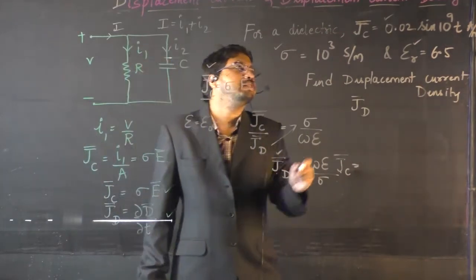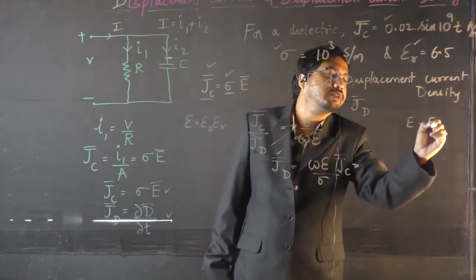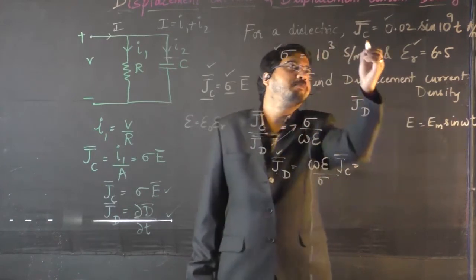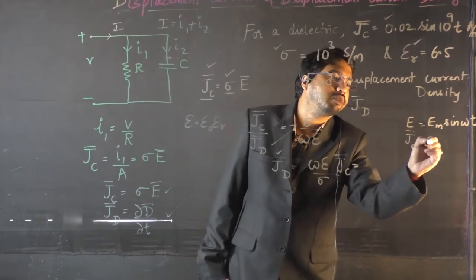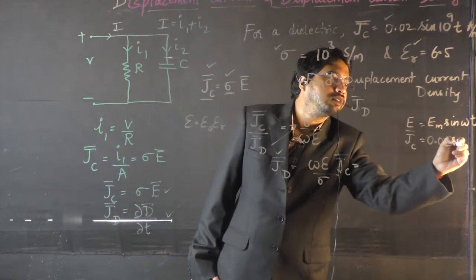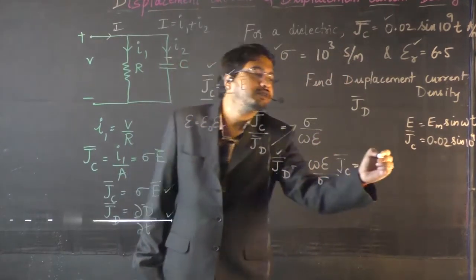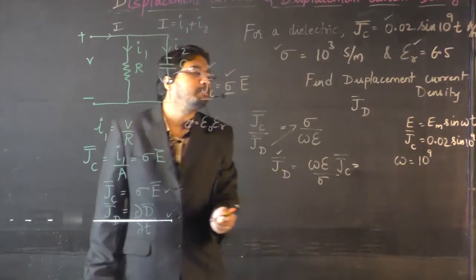If you compare with the general equation format E equal to Em sin omega t, and Jc bar is equal to the constant 0.02 into sin 10 power 9 t, then in the place of omega you have 10 power 9.